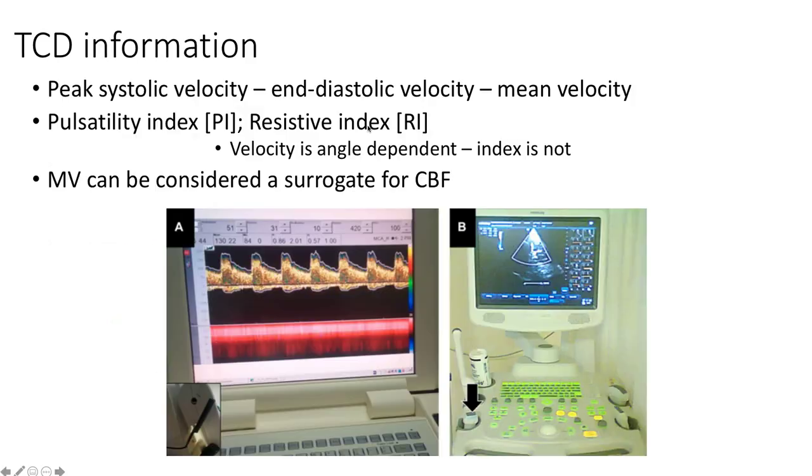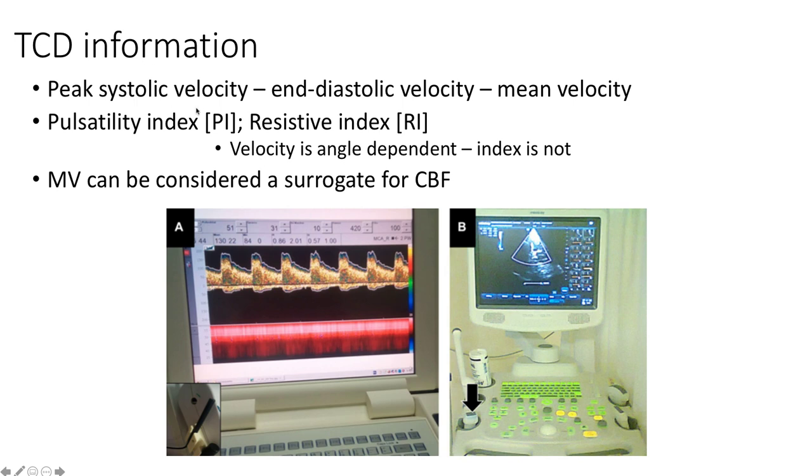So how is this physically done? Here you have your Doppler station, and here are your flow waves. When you look at that Doppler signal, you try to extract the following information: your peak systolic velocity, your end diastolic velocity, and then your mean velocity. Based on this, you can calculate a pulsatility index and a resistive index.